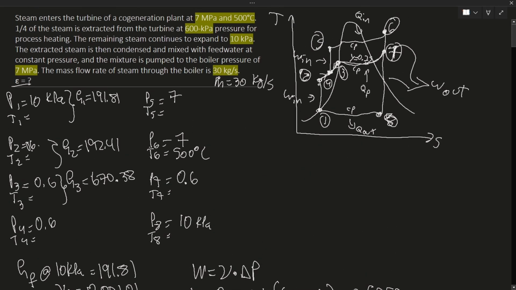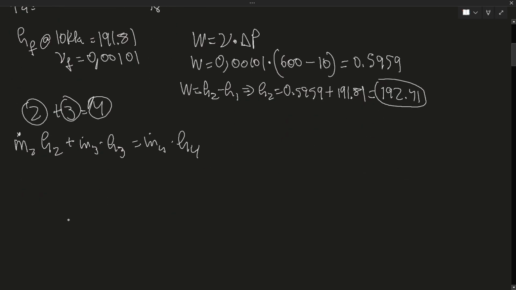Keep in mind that over here, beyond point 7, some of the water leaves the main path and goes into the cogeneration heater.